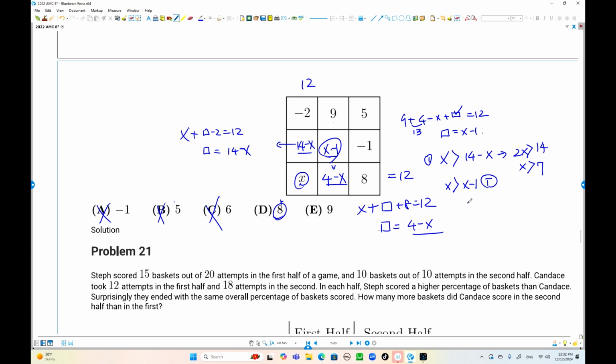The next one is what? x is greater than 4 minus x. Okay? So 2x must be greater than 4, so x is greater than 2, right? Where is the common part over here? x should be greater than 7, isn't it? So the first number is 8. Okay, or 9 is okay too, right? All right, just greater than this number. I think, right, back-solving is better. Okay.